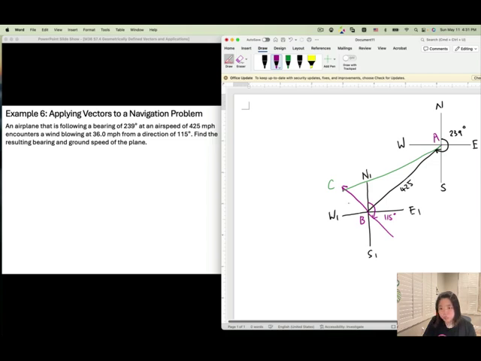Since this is A, we put A equal to 36 miles per hour. And this is C, so C equal to 425 miles per hour. And then we are looking for the B here. This is gonna be the resulting vector.